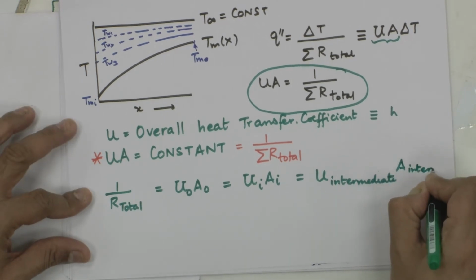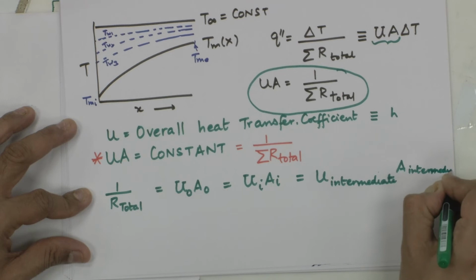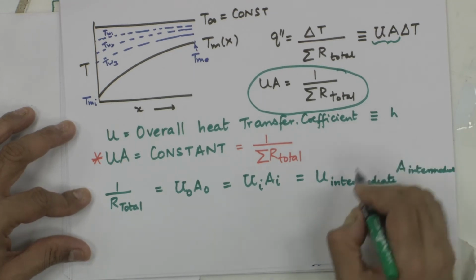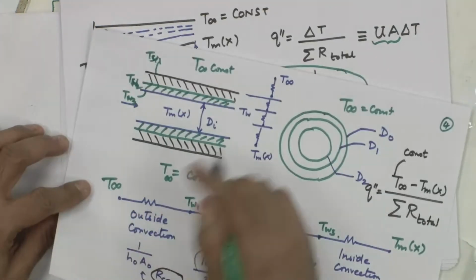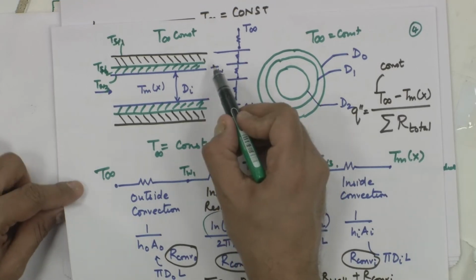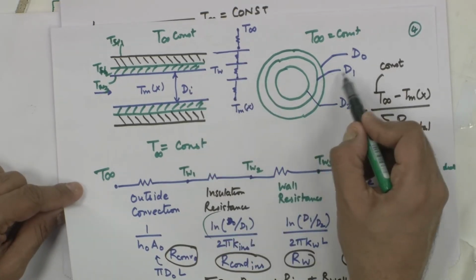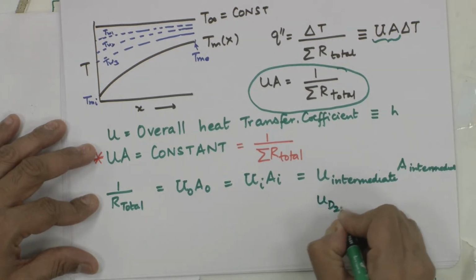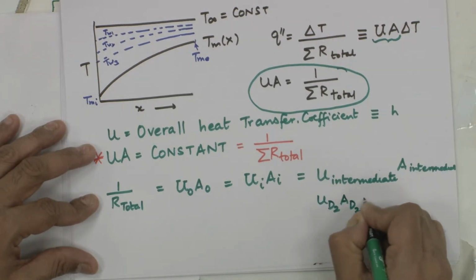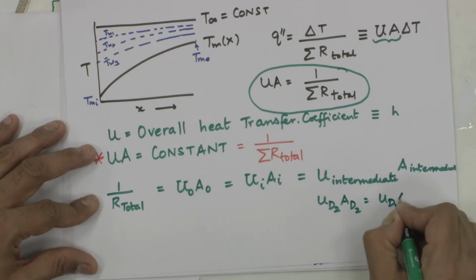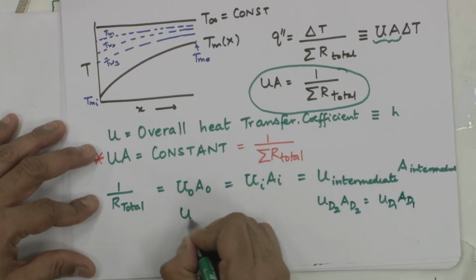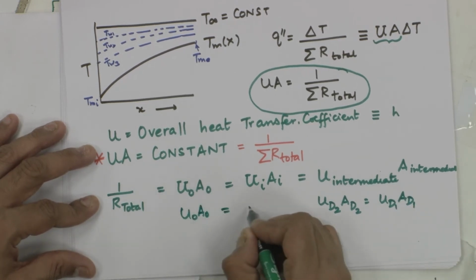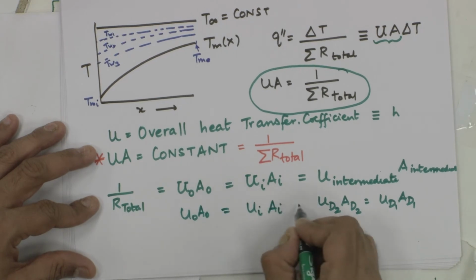How many intermediate walls do I have? I have two additional surfaces, that is diameter d1 and d2. So, I can have U based on d2 A d2 is equal to U based on d1 A d1, U naught based on outside area, Ui based on inside area.